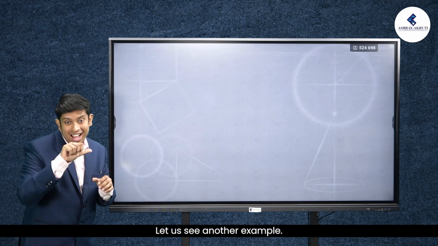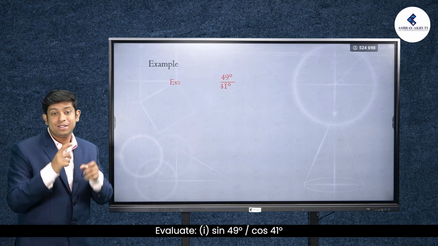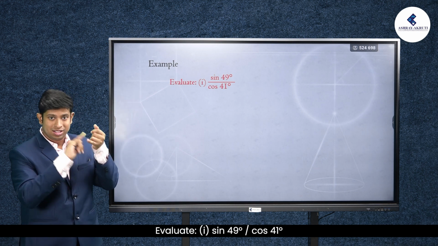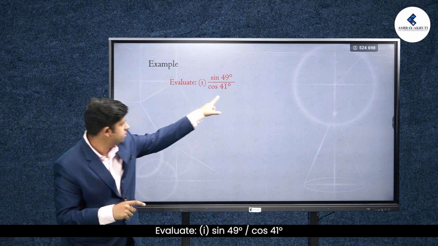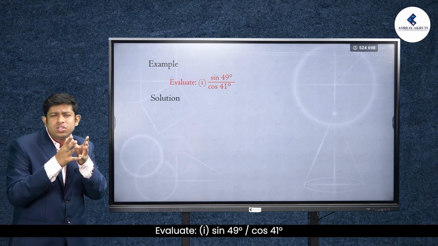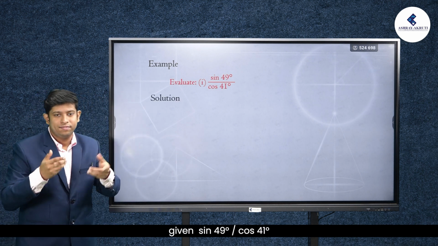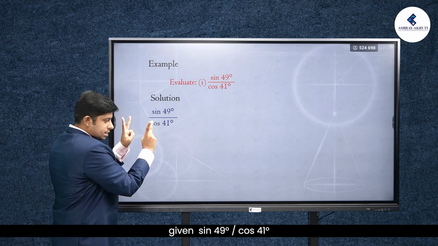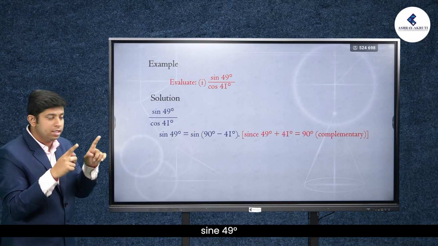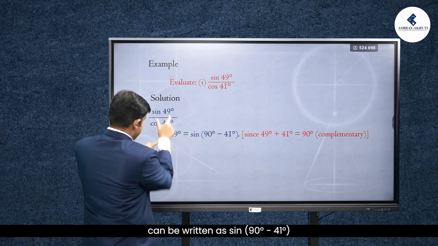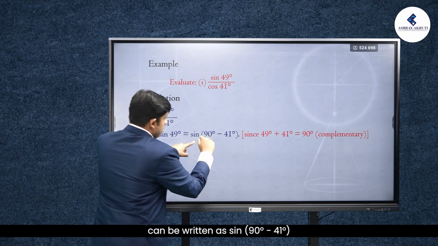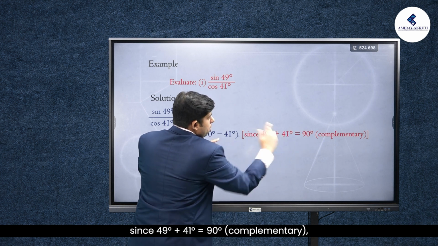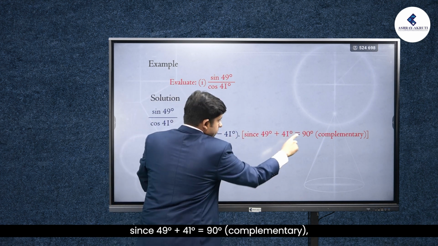Let us see another example. Evaluate sin 49 degrees by cos 41 degrees. Solution. Given sin 49 degrees by cos 41 degrees. Sin 49 degrees can be written as sin of 90 degrees minus 41 degrees, since 49 plus 41 degrees is equal to 90 degrees, complementary.